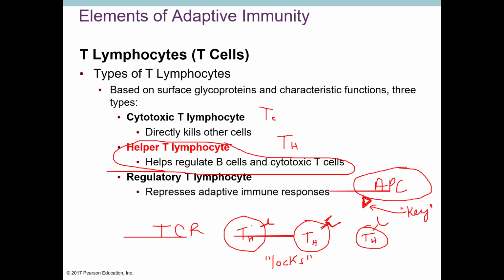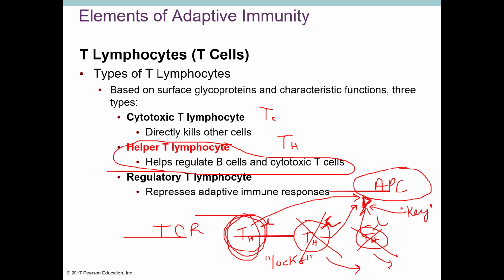So each of these T helper cells tries to put its lock on the key. And you can see that the first one would fit. These ones don't fit, so they just go away and they're sad.